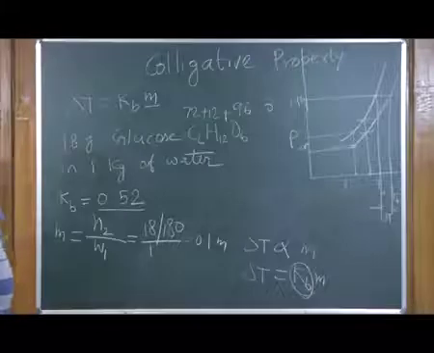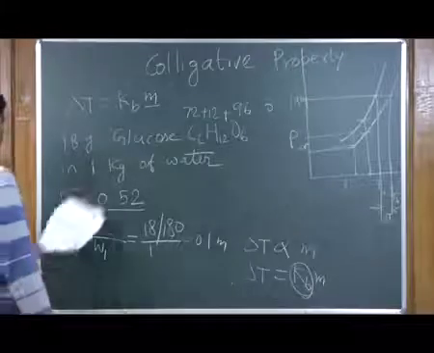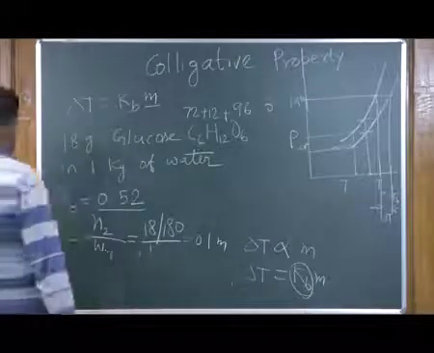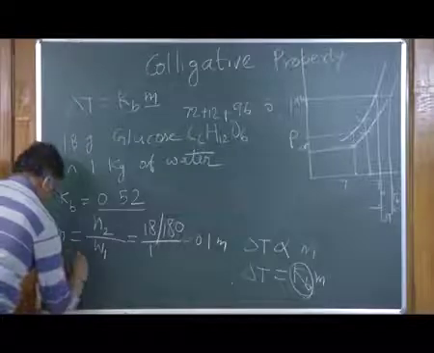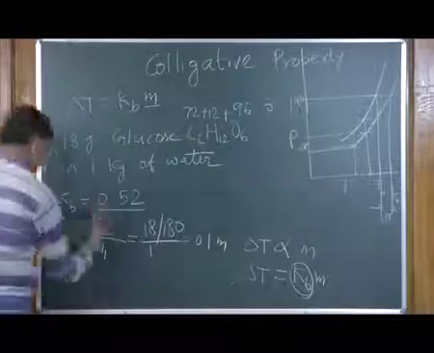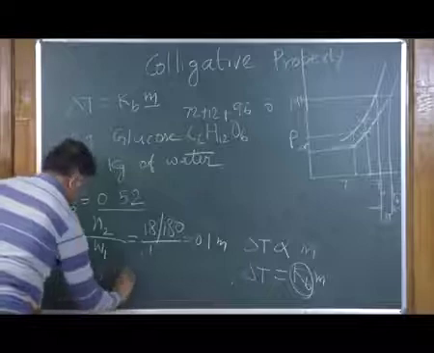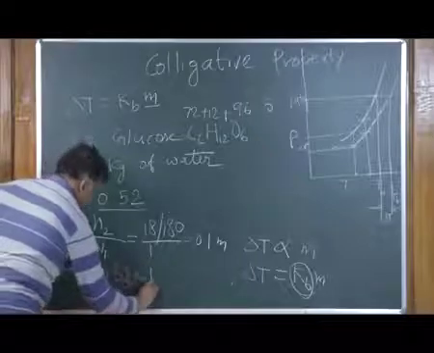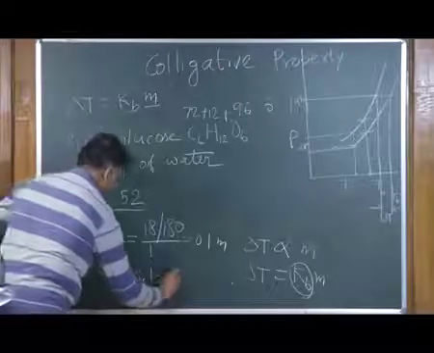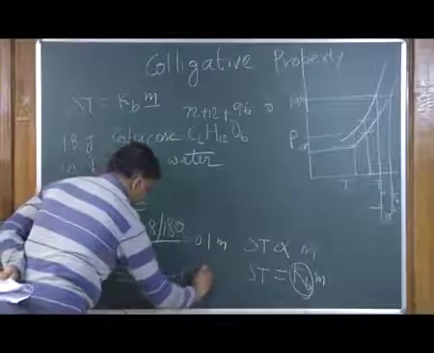And now, I have all the information. I have Kb, I have m, and I can calculate delta T easily. So, delta T is going to be 0.52 into 0.1, that is 0.052.